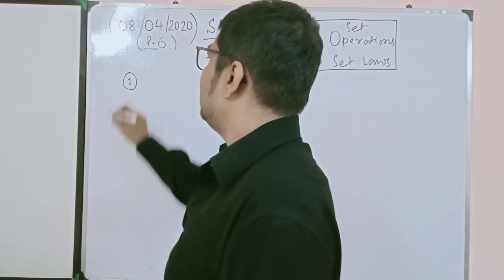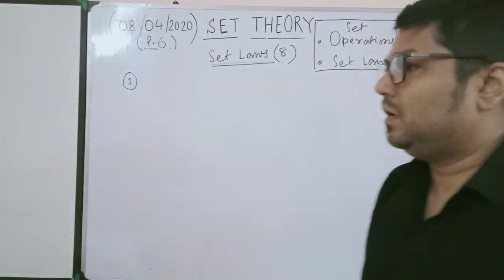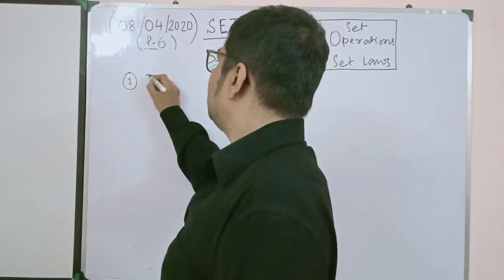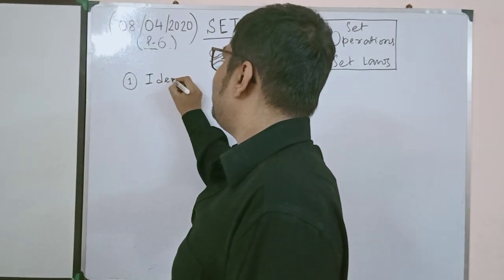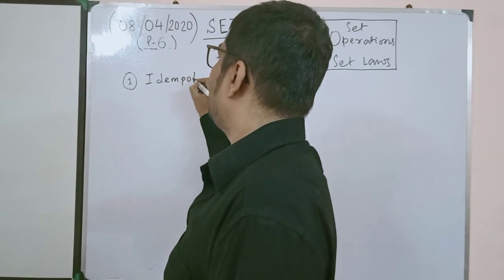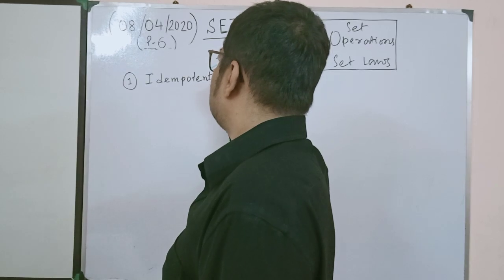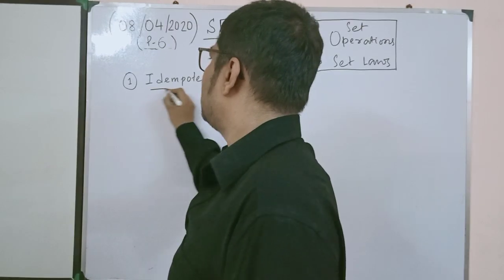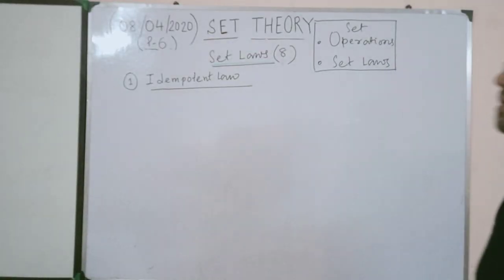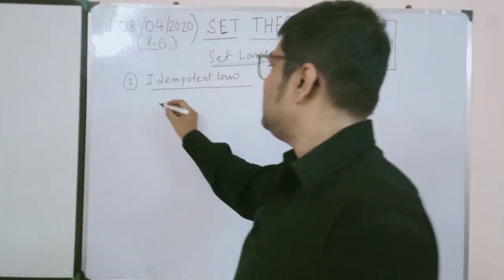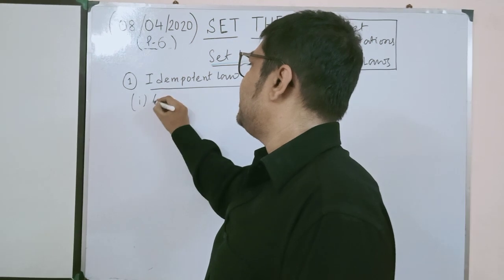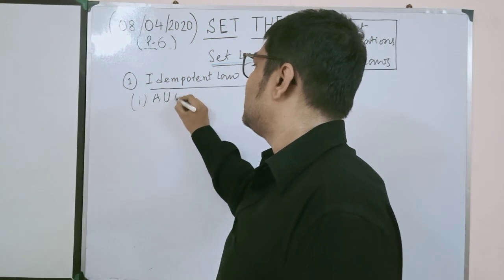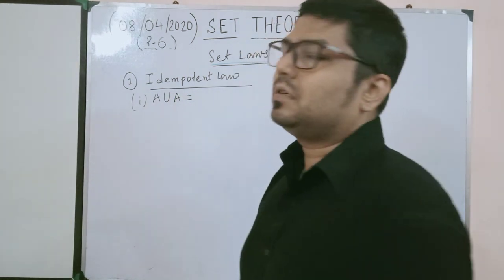Number one, we get the idempotent law. This is a set law. What we do here, we try to unite the same set.